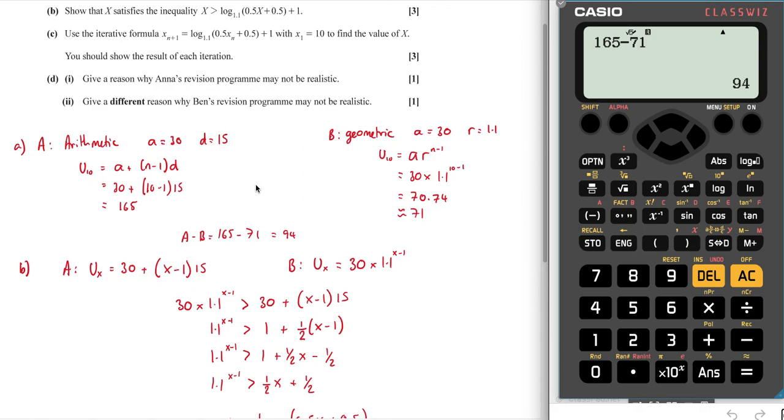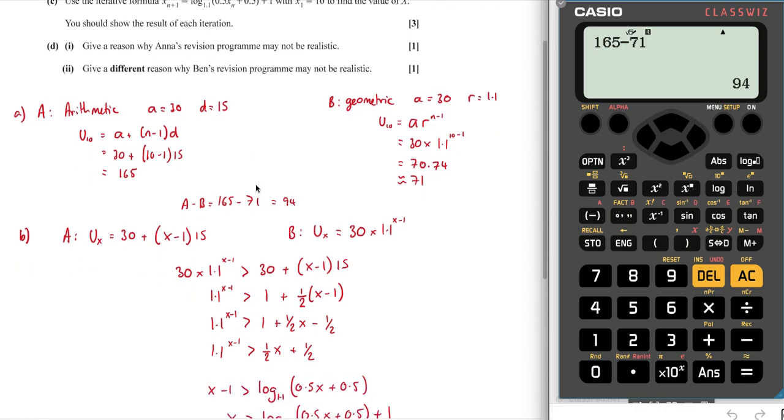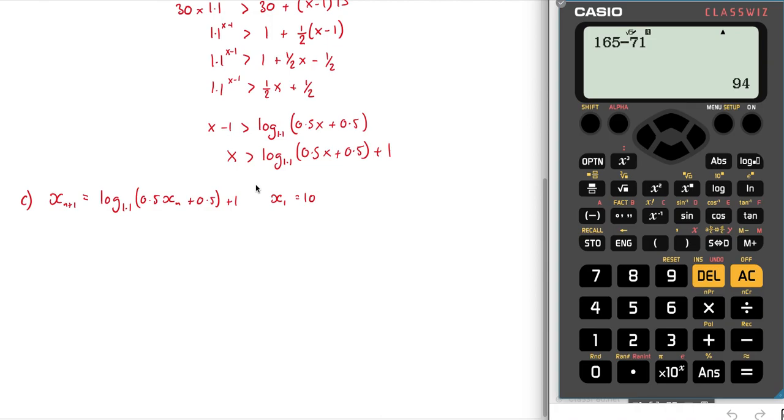You should show the result. x1 is 10, and we're trying to find the value of x. It doesn't actually give us an accuracy level, so let's see what happens. So let's have a look. We know that x1 is 10.